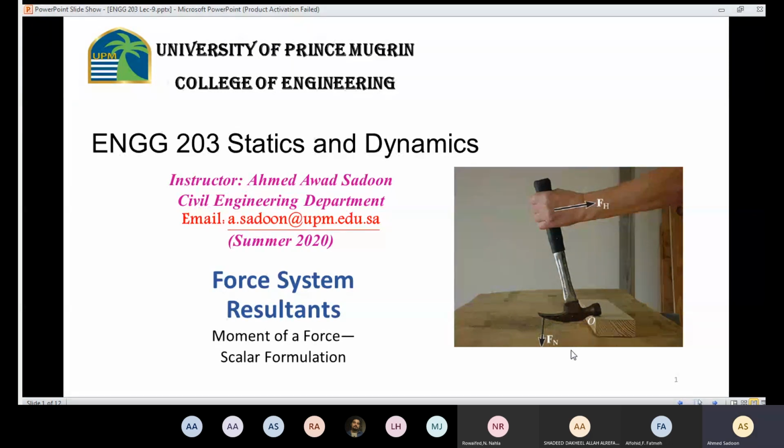We want to understand what sort of action that force produces, what kind of reaction or rotation it has, and what the force has to do with that.